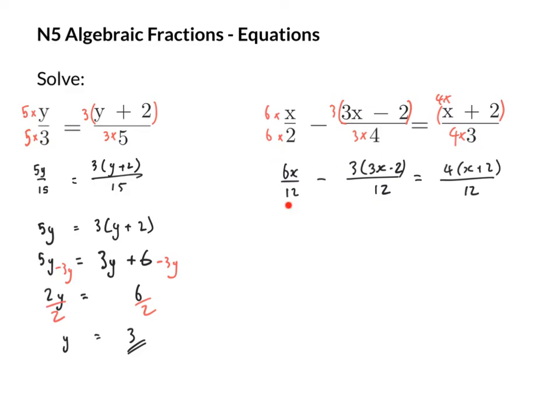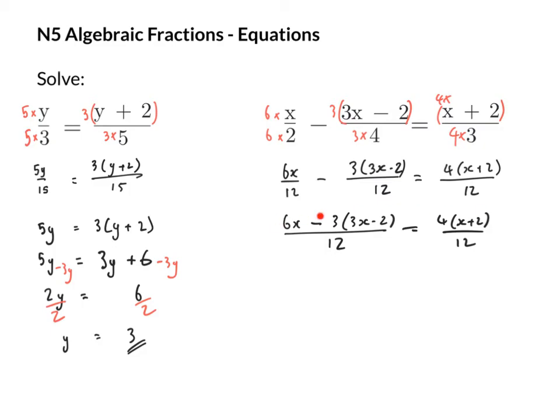We could rewrite this as a single fraction because our denominators are the same. 6x minus 3 lots of 3x minus 2 all over 12. So common denominator of 12, this thing minus this thing, equals 4 lots of x plus 2 all over 12.